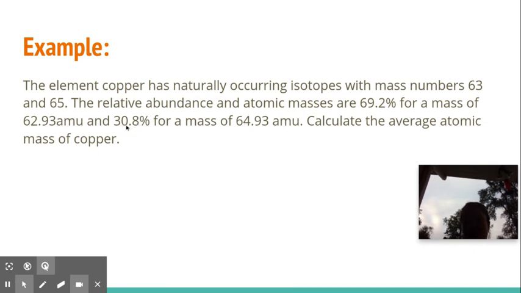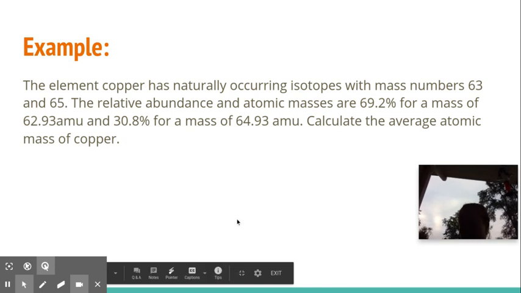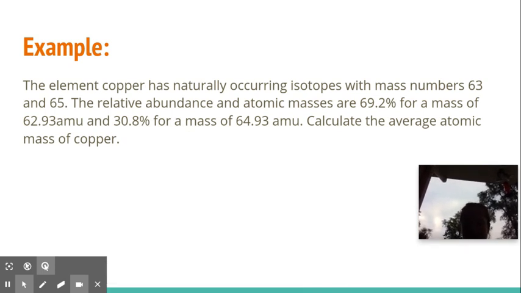You would take your percentage and multiply it with the isotope mass. So 69.2% would be multiplied with the 63 AMU, and the 30.8% you would multiply with the 65. Then you would add those two together, and you would get the average atomic mass of copper. I don't have a calculator available right now to tell you an actual answer, so we'll have to do it in class or if you ask.